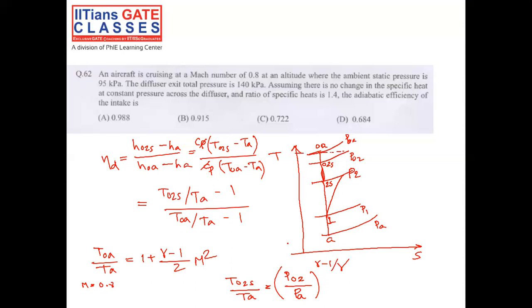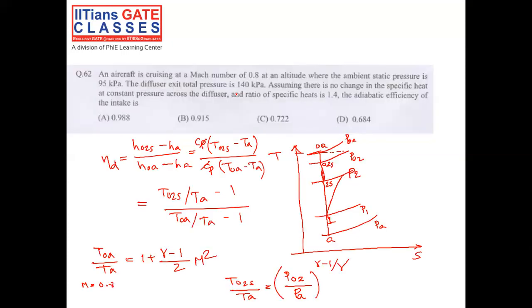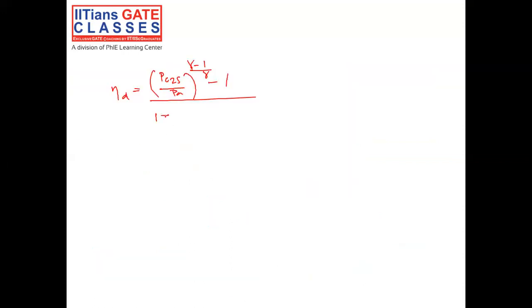So if we substitute this in the equation of eta d, this simply gives us the pressure ratio term minus 1, divided by 1 plus gamma minus 1 by 2 M squared minus 1.